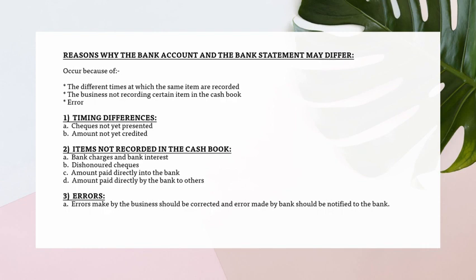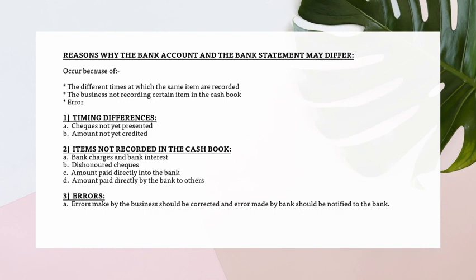Okay, number 2, items not recorded in the cash book. Such as the bank charges and bank interest, which you will only know when you receive the bank statement. You can't simply write down the bank charges and the bank interest into your cash book without referring to the bank statement. So part B, dishonored check. As I said, a dishonored check is when I thought that there is money inside the account, but actually there is not enough money to transfer.